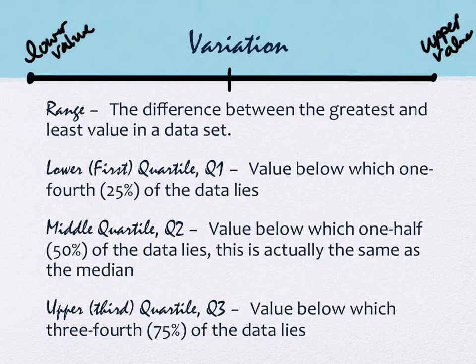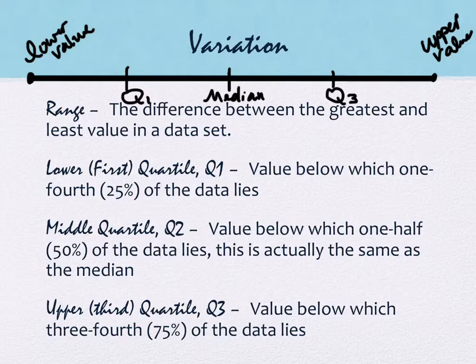You guys know it from a previous slide. The median. And then if you split the difference between the median and the lower value, that is the first quartile, Q1. And splitting the difference between the median and the upper value is your third quartile, Q3. Okay? That's visually what it looks like.